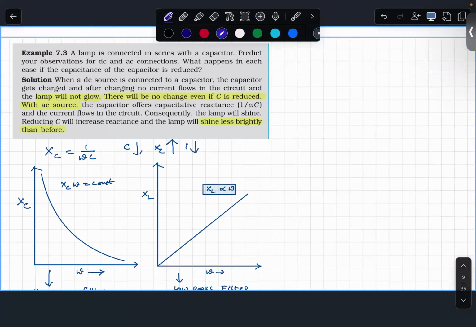Please go through this question. A lamp is connected in series with a capacitor. Predict your observations for DC and AC connections. What happens in each case if the capacitance of the capacitor is reduced?